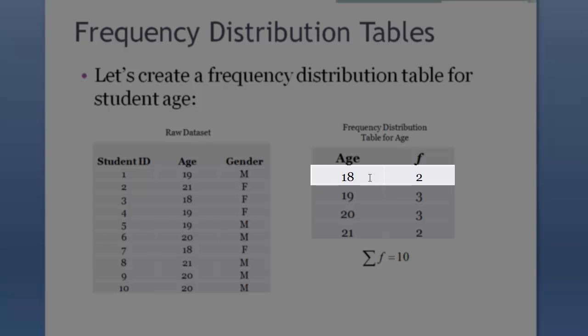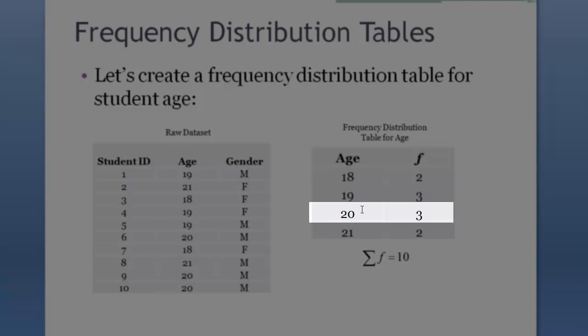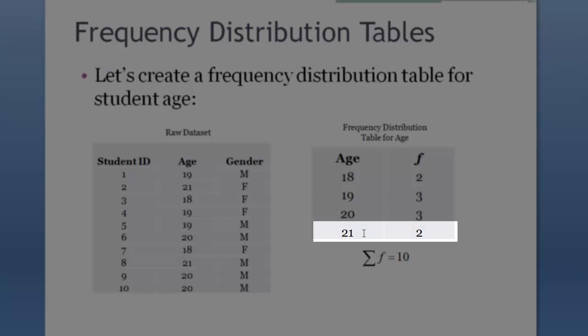Two people are 18 years old, and 3 people are 19 years old, and the number of people who are 20 years old is 3. The number of people who are 21 years old is 2. So that's a frequency distribution.